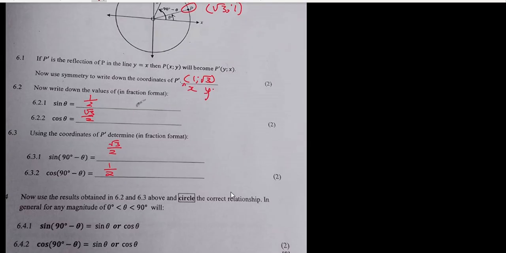All right. So now they are saying you should circle the correct answer there. So what I got was this one. Now wait a minute, from 1.1 I was getting sine.